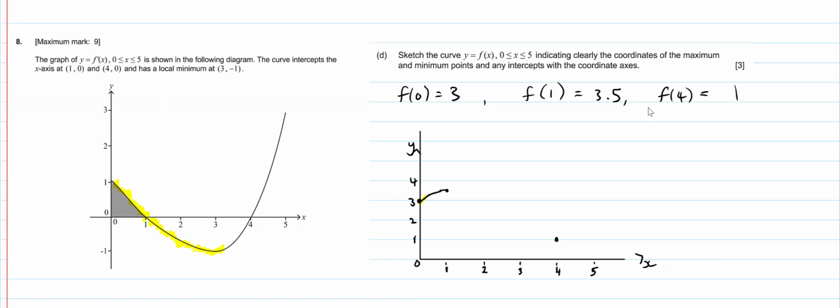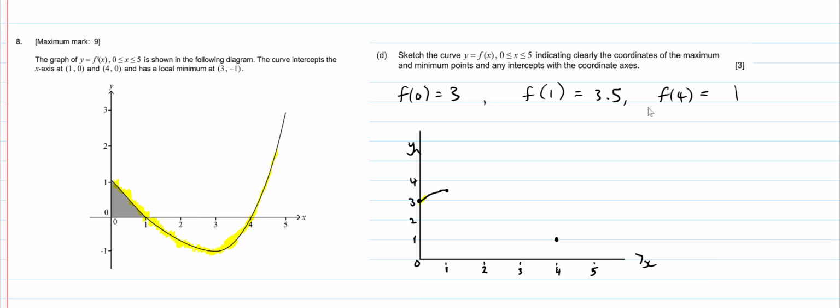until about x equals 3, well, that was our point of inflection. Then the graph is still negative from x equals 3 to x equals 4, but it's becoming more positive. And then at x equals 4, the gradient is 0, and then after that, the gradient is positive.